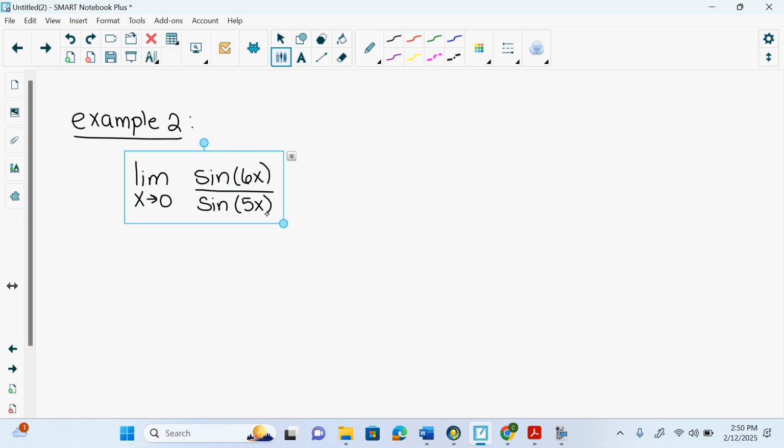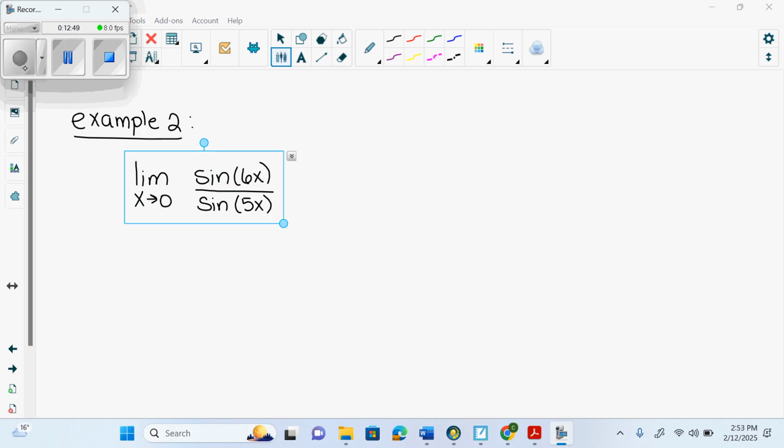So my hint to you is the sine 6x has to be over 6x, and the sine 5x has to be over 5x, and you have to get that to happen. Try it out. That's my hint. We'll see where you're at.